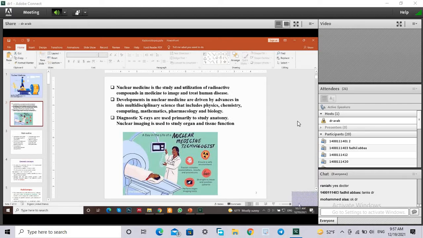So we can determine a lesion that happens in the soft tissue. Due to the importance of the radionuclide as the main component of nuclear medicine, this chapter will start with this concept.